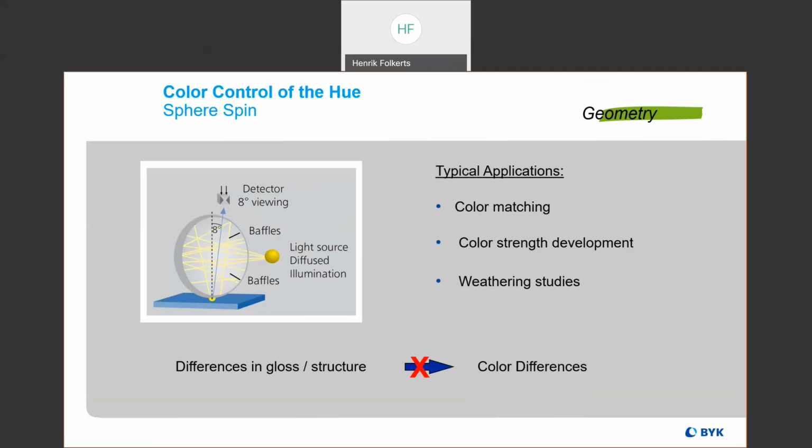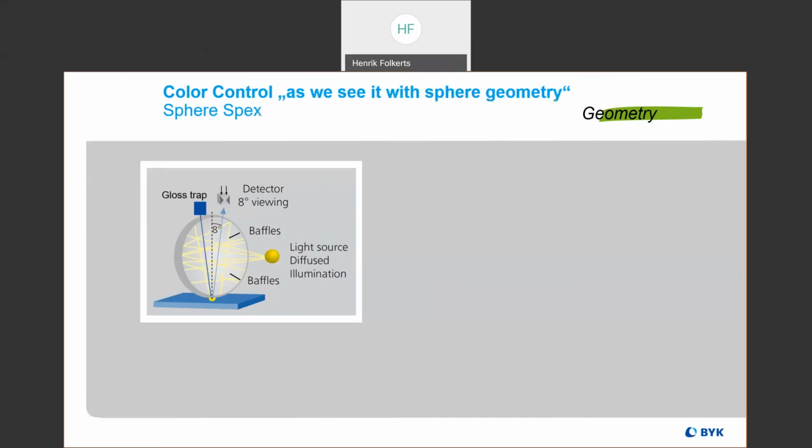So the 45-0 measures color as we see it, where the gloss is going to affect the color measurements. Sphere instruments ignore that gloss effect, and the values you get out of it will not be affected by the gloss and the structure. So then we have a third geometry referred to as sphere spec.